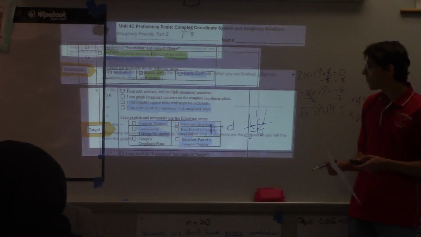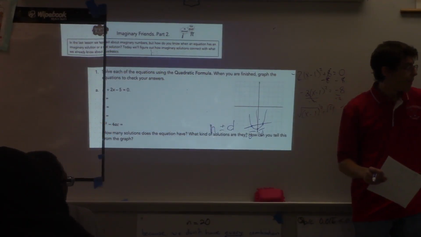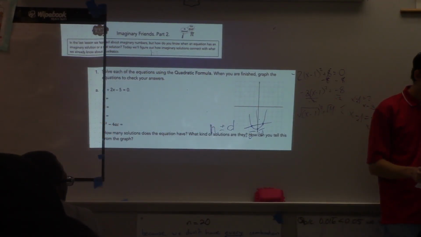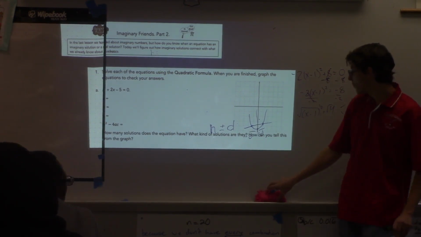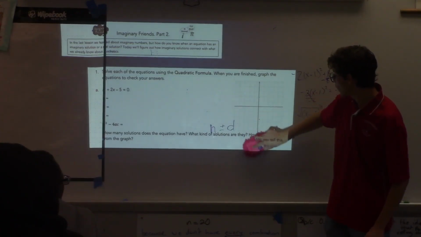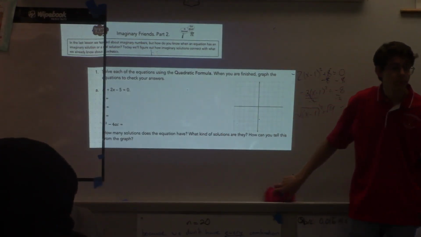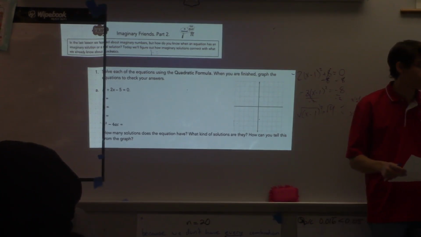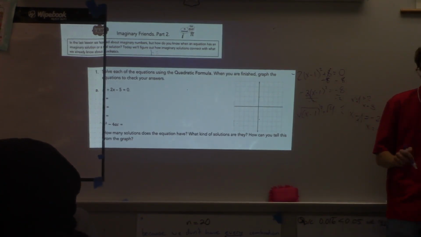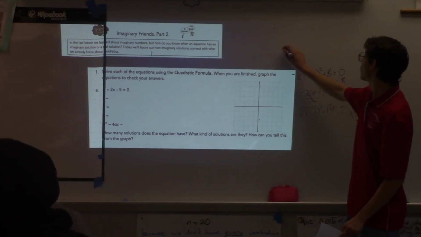So, really quickly, just to remind me and to help Mr. Anderson, what did we end up talking about with i towards the end of class on Friday? Not an inverse. i squared equals -1. There we go.